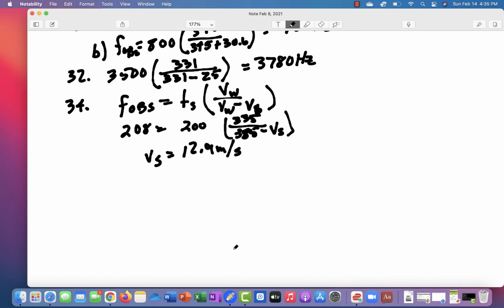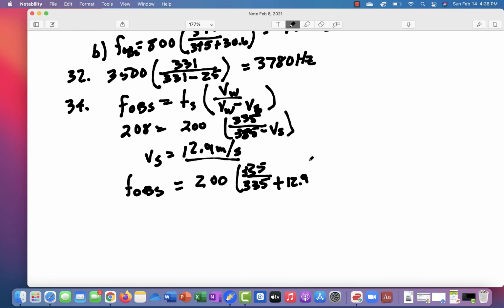Now the second part of this problem says, what frequency does the observer receive as the train moves away? So you have 200 times 335 over 335. It's moving away, so plus 12.9.